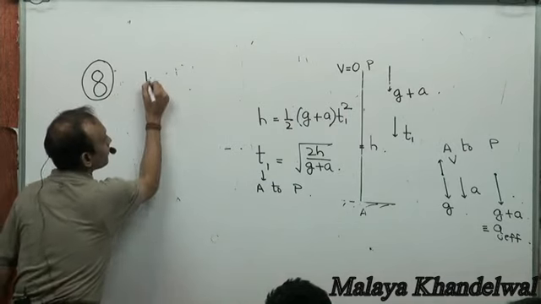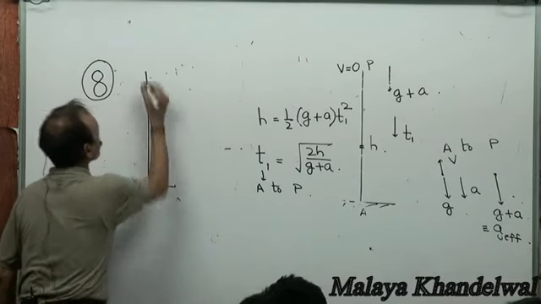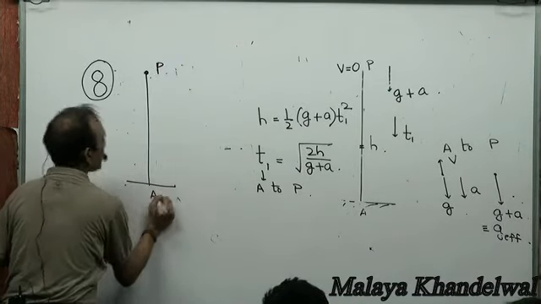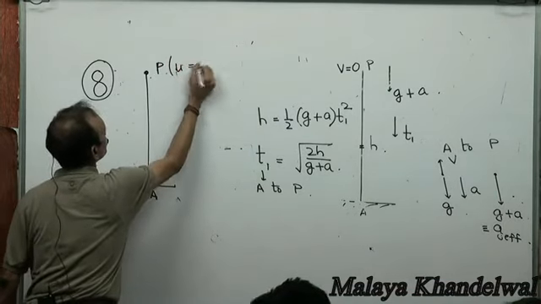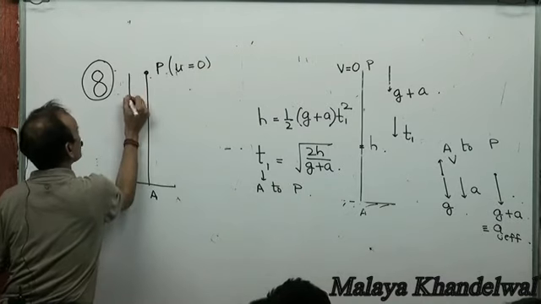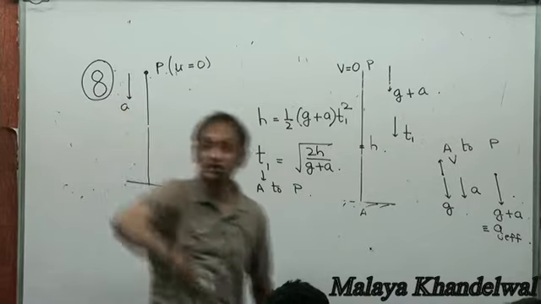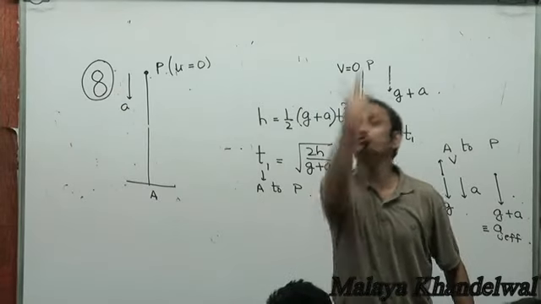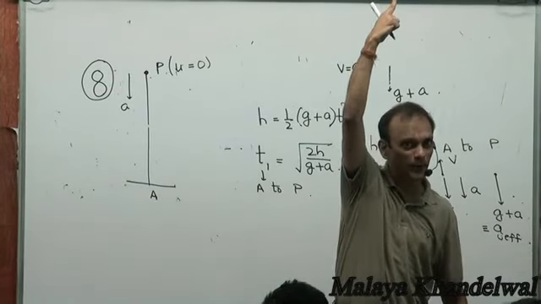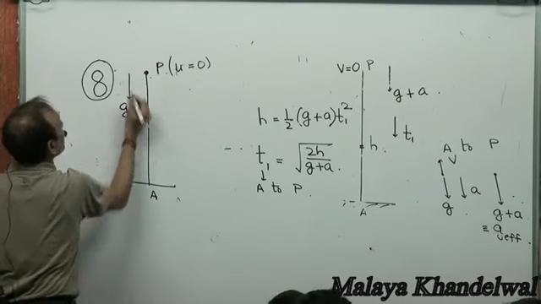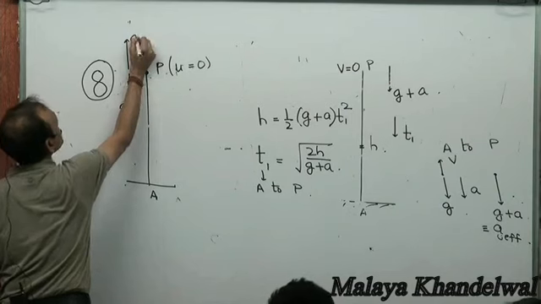Now, from P to A actually, at P the velocity is 0, g is acting downwards, the particle is moving downwards, it develops a downward velocity, so the force of resistance is going to be upwards, and therefore, I'm sorry, this is g downwards, and A would have acted upwards.